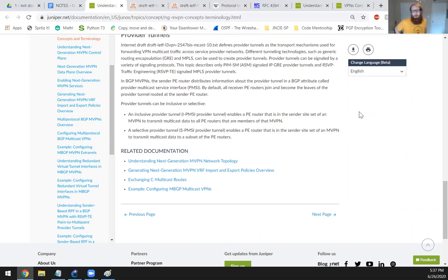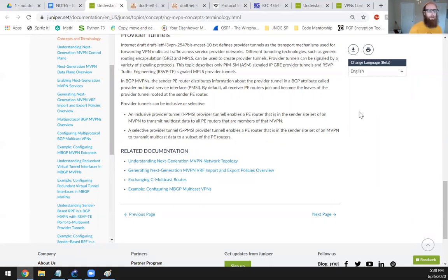Different tunneling technologies such as generic routing encapsulation, GRE, and MPLS, multiprotocol label switching, can be used to create provider tunnels. Provider tunnels can be signaled by a variety of signaling protocols. This topic describes only PIM-SM, ASM, signaled IP GRE provider tunnels, and RSVP-traffic engineering, RSVP-TE, signaled MPLS provider tunnels.